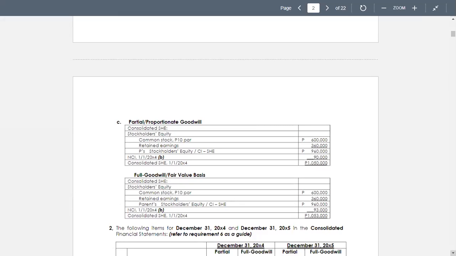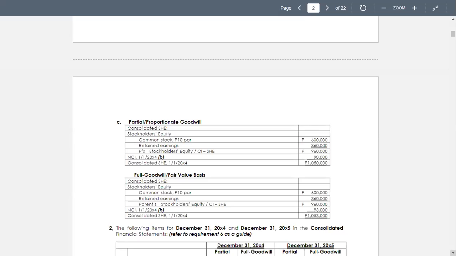So, on January 1, 20x4, we begin with the common stock at 10 peso par. So the common stock at 10 peso par, that of Pascal Company is 600,000, and its retained earnings amounting to 360,000.